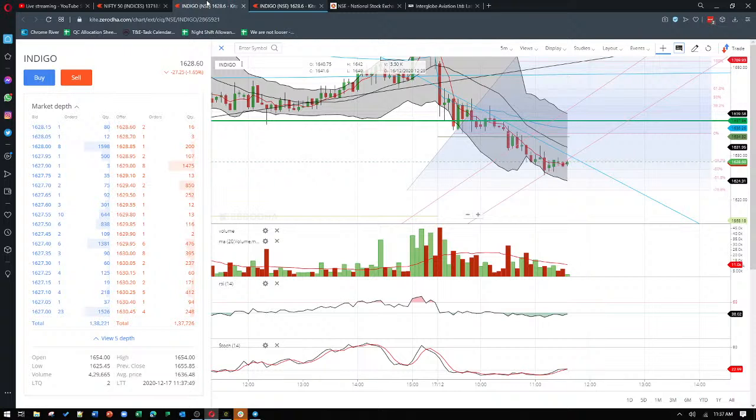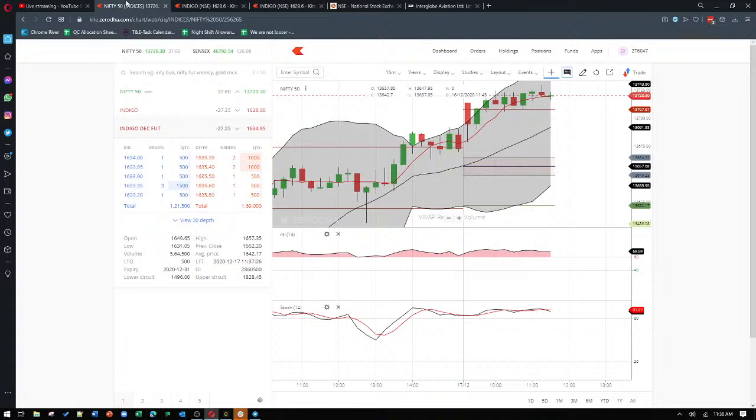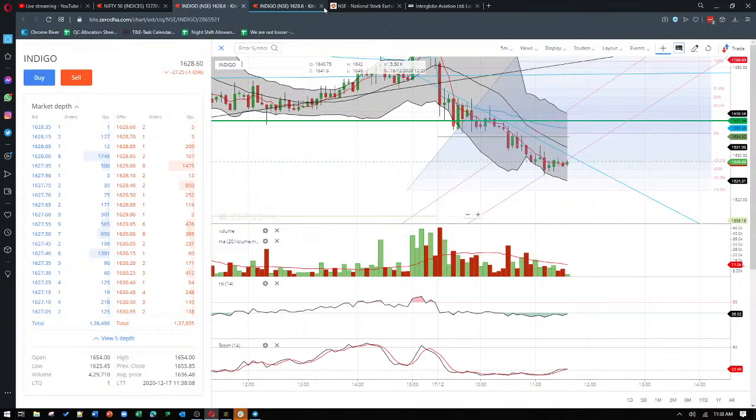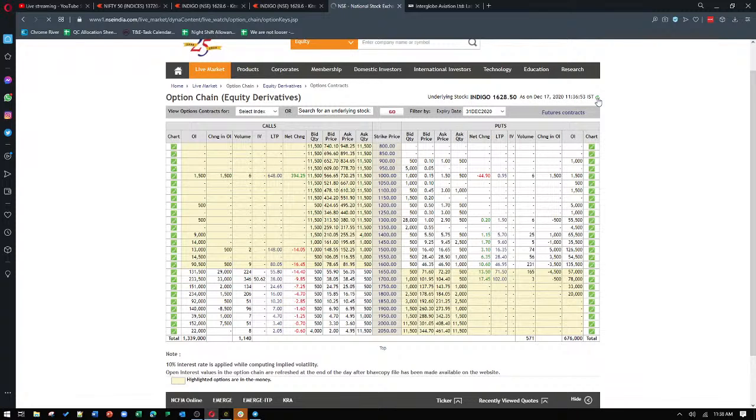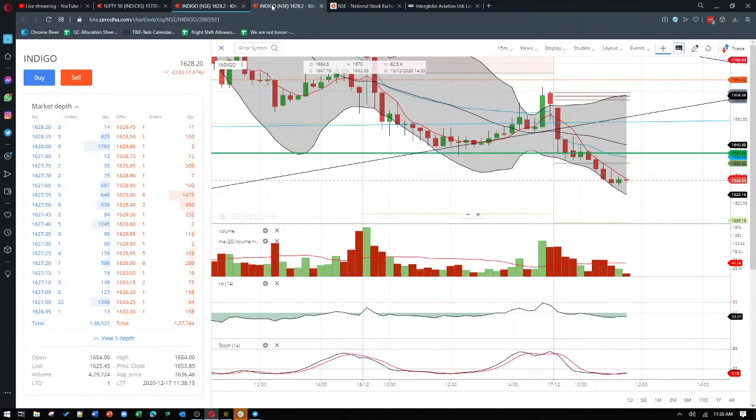We'll see. Nifty is losing grip, and open interest is still at the same level. Let it be. It's good for us.